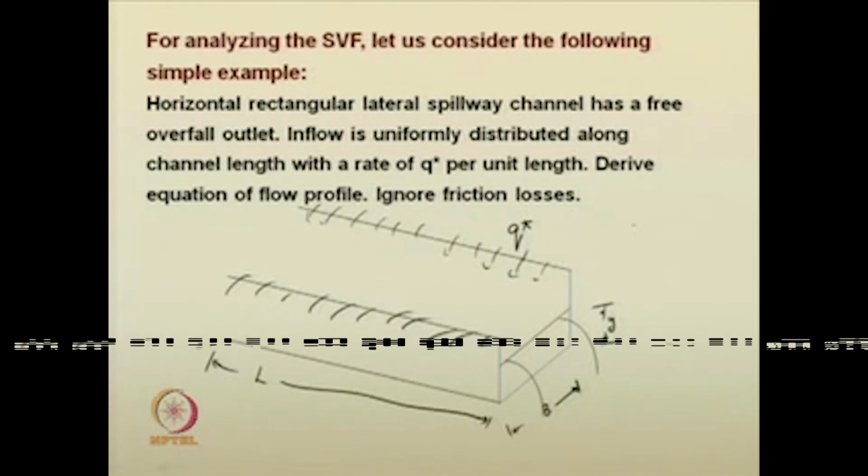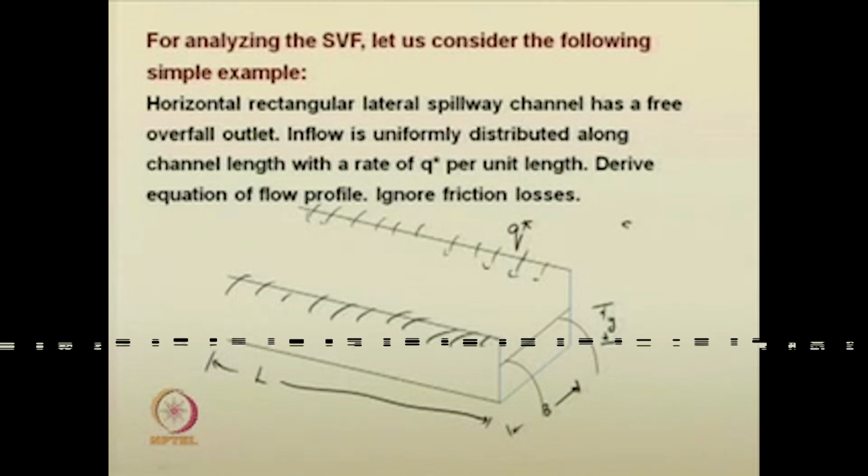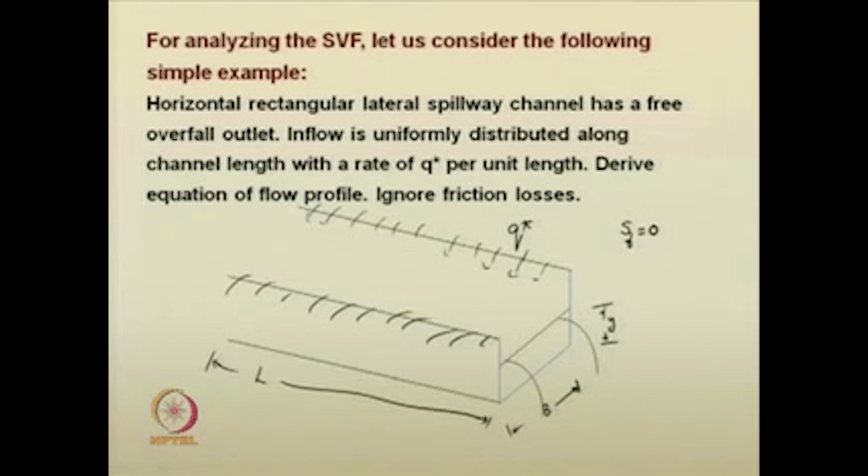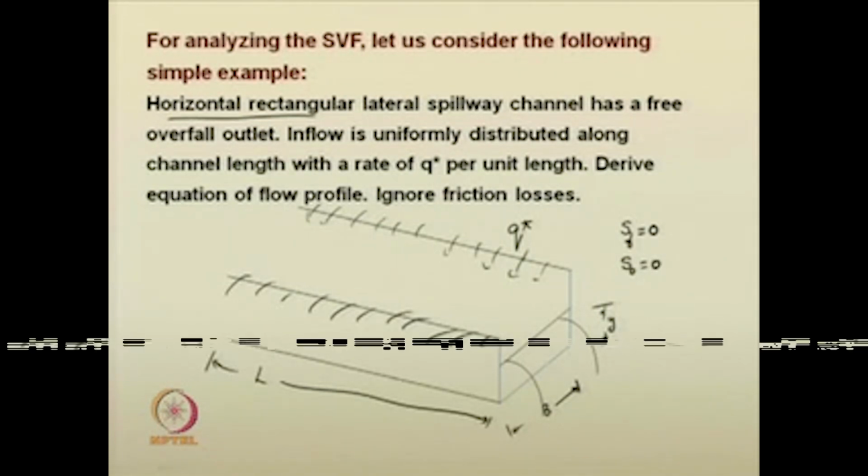To ignore friction losses means you are considering S_f is equal to 0. Another criterion given is this is a horizontal rectangular channel. So, that means your bed slope S_0 is also equal to 0.